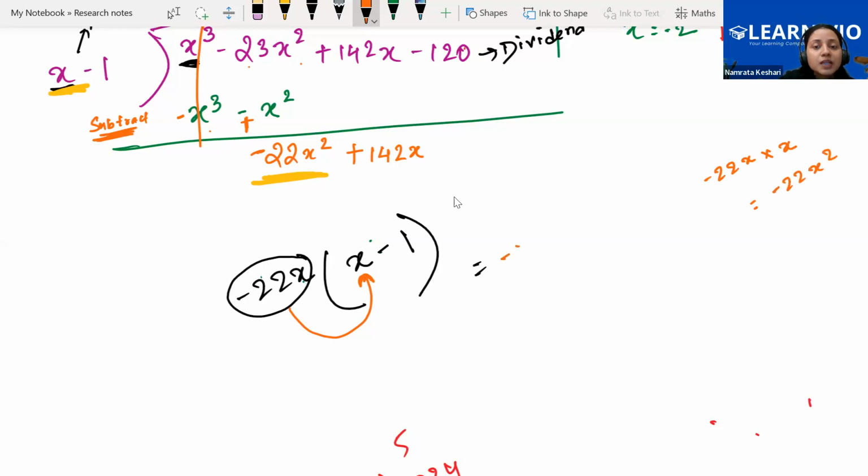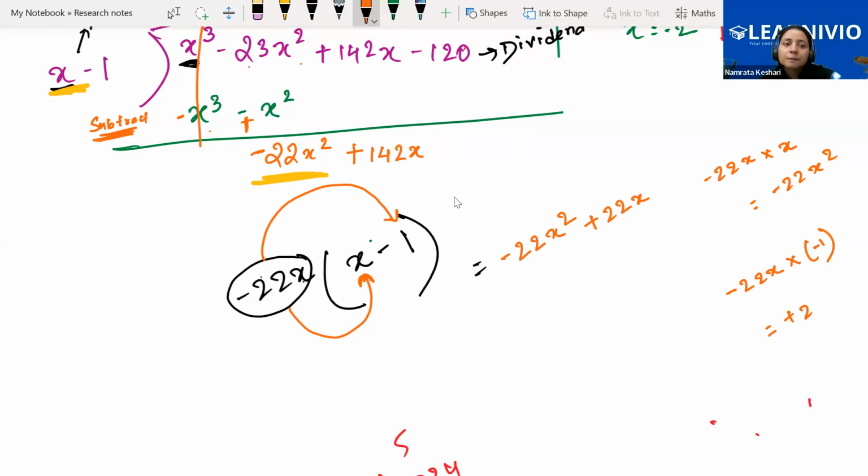It will not be plus, it will just be minus 22x square, and then we will multiply this minus 22x with this negative 1. Can you tell me what we are going to have? Plus 22x. Everyone getting it?